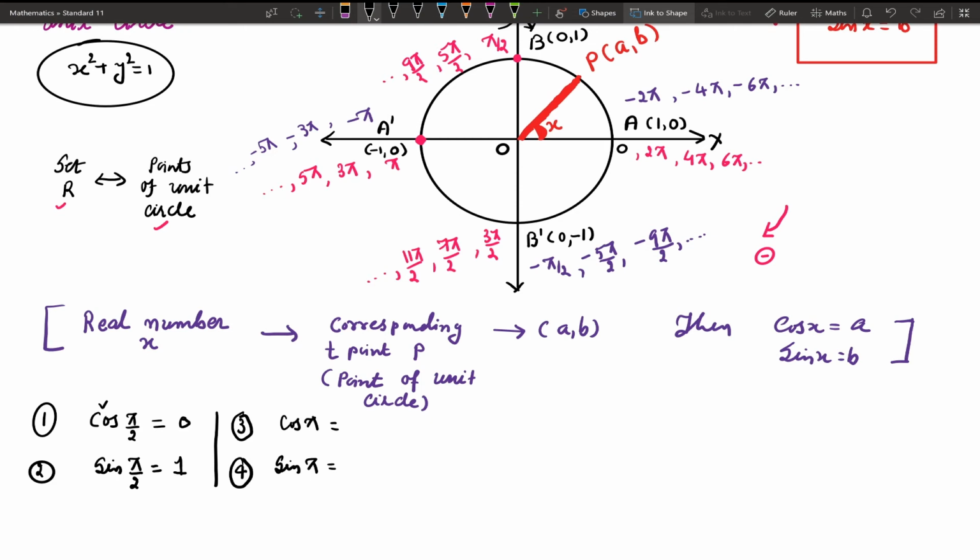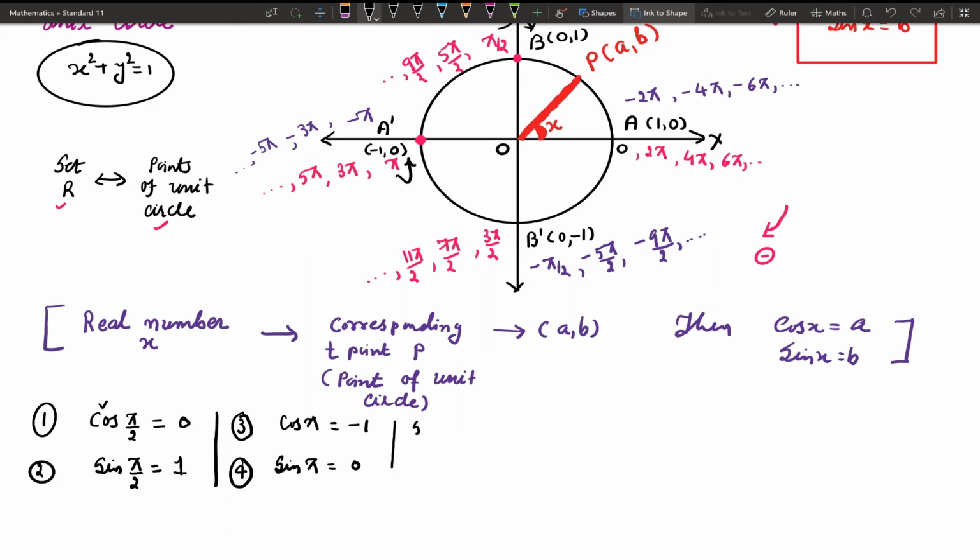Now the real number pi, the corresponding point of the unit circle is A prime. For cos you have to observe the x coordinate of A prime, which is -1, so cos pi equals -1, and for sin pi we have to observe the y coordinate of A prime, which is 0, so sin pi equals 0. So these are the values from the unit circle.